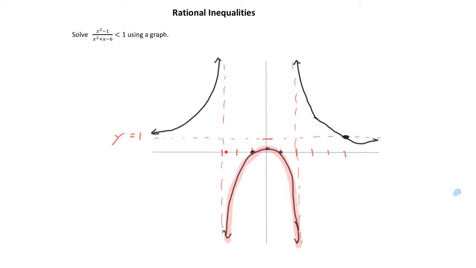That is everything from -3 up to +2, and not including either of those places. So we have x equals -3 and x equals +2, the two vertical asymptotes. So that's part of my answer. Part of my answer is the interval from -3 to 2. But there's a little bit more.